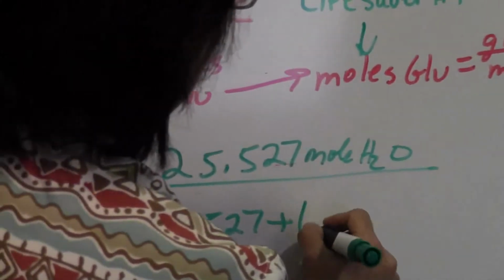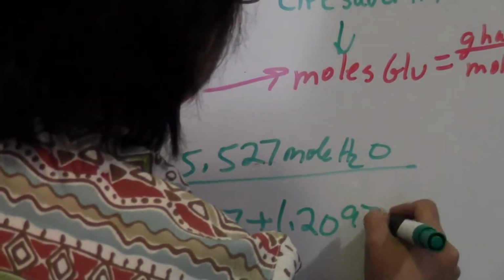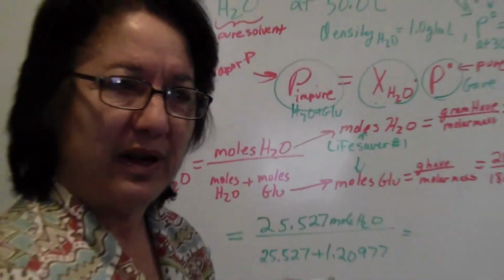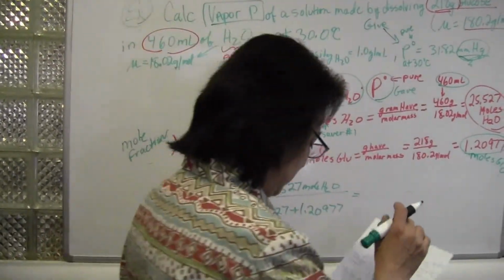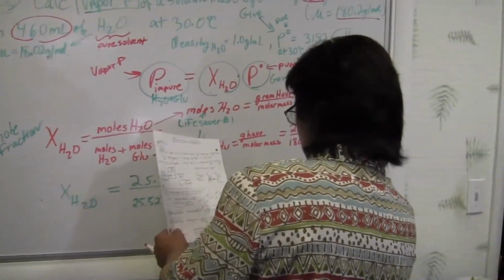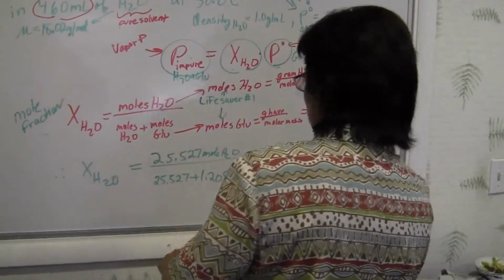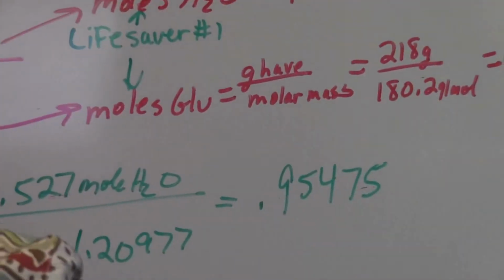So I'm going to write that number right in here. So our mole fraction of water, meaning how much of our solution is water, the fraction is 0.95475. That's our mole fraction.